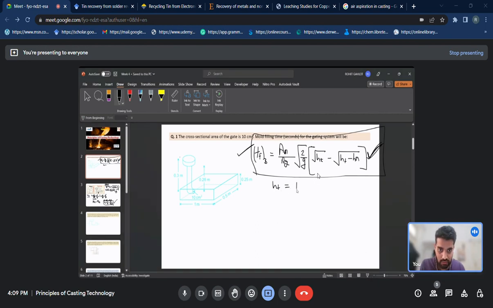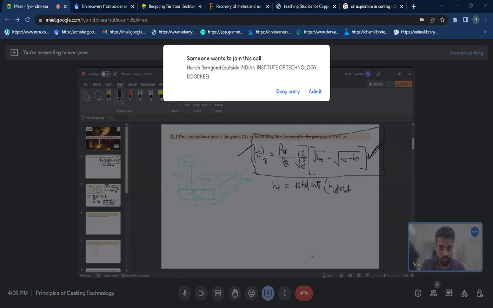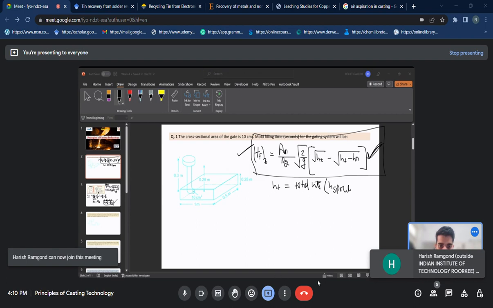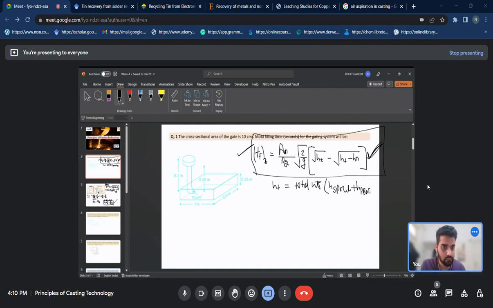So here HT is the total height, and HM is the height of the mold cavity.